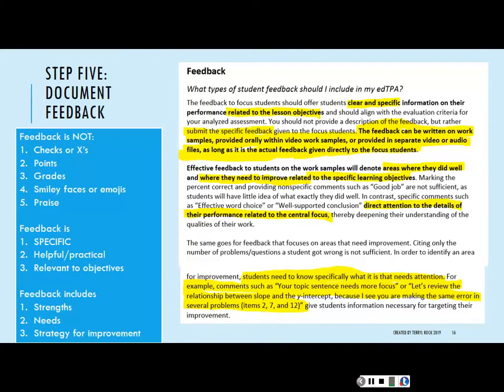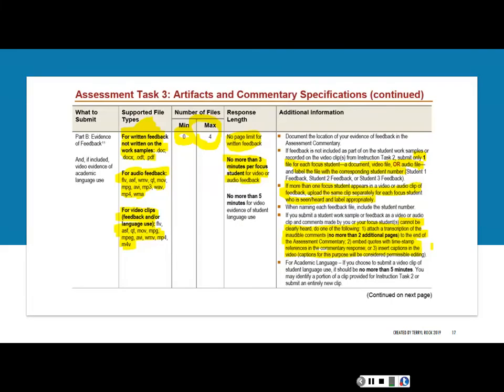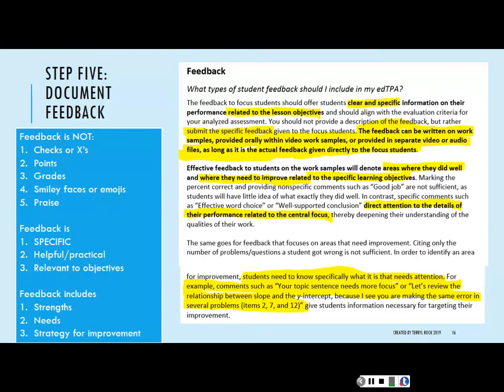All right? That'll get you a 1. Make sure that you give feedback related to the objectives and the SSE. That's important. Let's say I'm doing a writing sample. Can I say, hey, you need to put a period at the end of your sentence, even though it's not related to the objective?